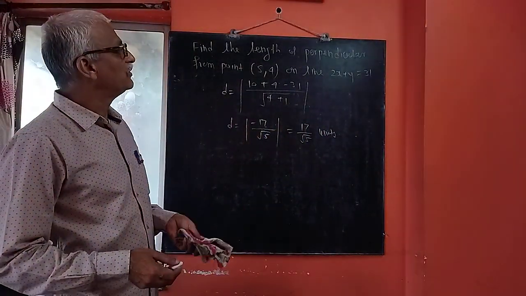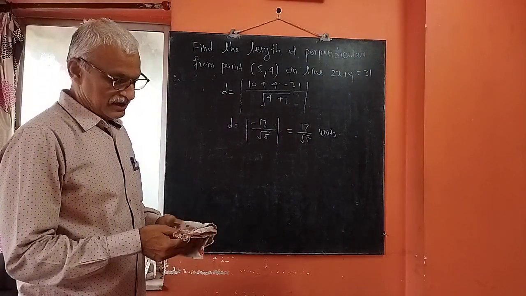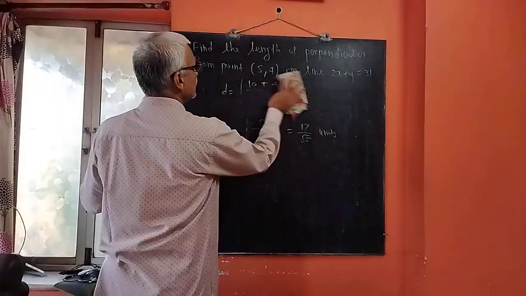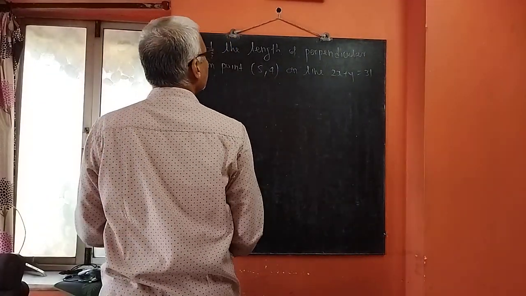So in this way, you can find out the length of perpendicular from any point on the line. Let us solve another example of the same type.